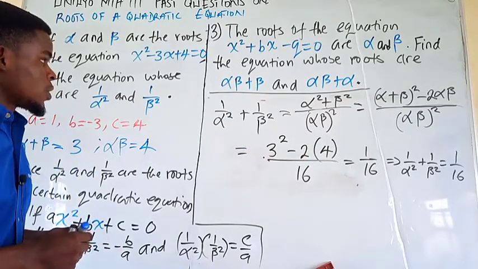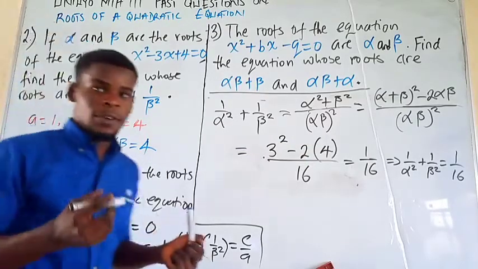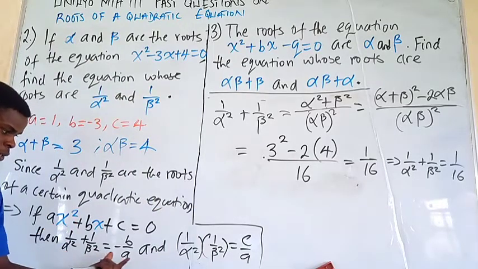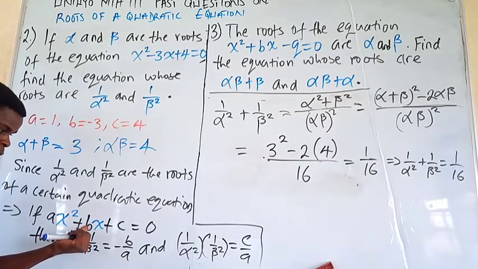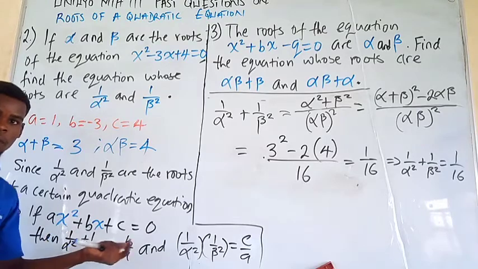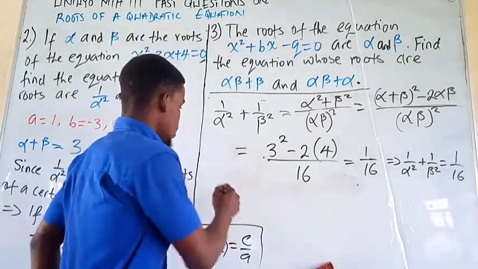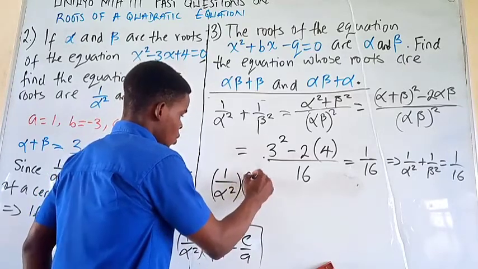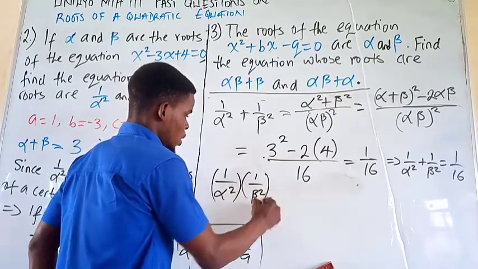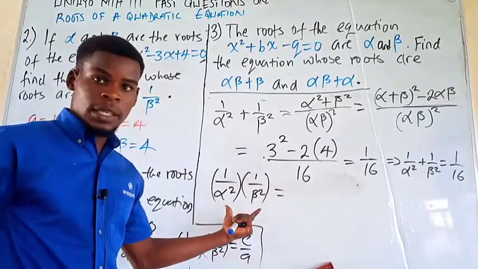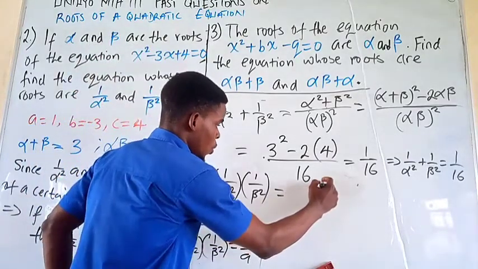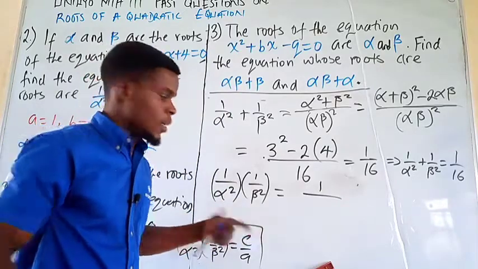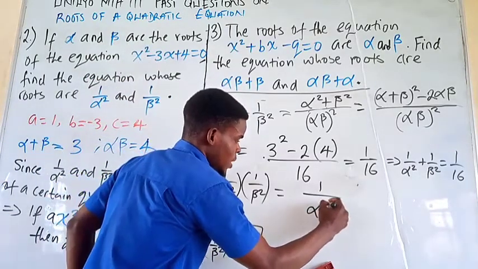So how about the product? We just go ahead and do it for the product. Remember what I said, that the sum will give us the coefficient of x, and the product likewise. So the product of those two roots, 1 over alpha squared times 1 over beta squared, multiplying these together, we're just going to have 1 in the numerator divided by alpha squared times beta squared.